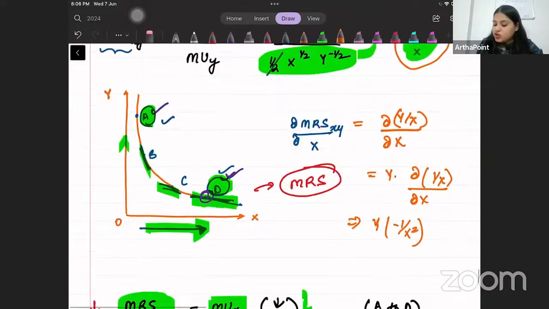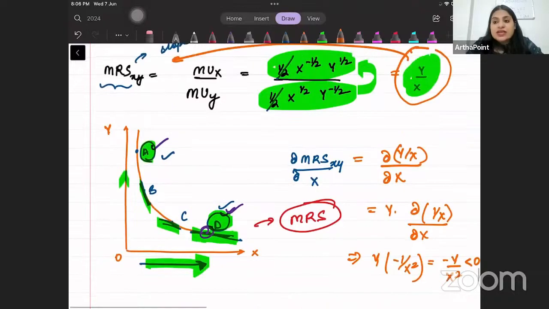So when you differentiate this, you will get minus y by x square, which is negative. That means that MRS is diminishing because when you differentiated this with respect to x, you are getting a negative sign. This is how we can go ahead and check whether MRS diminishes or not.